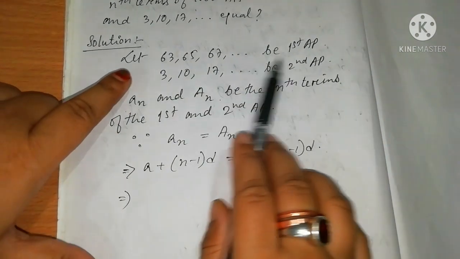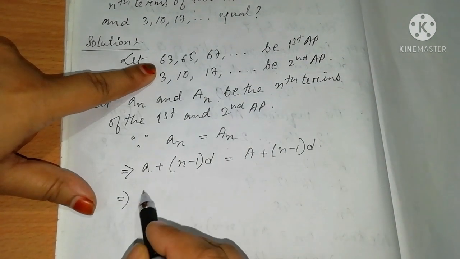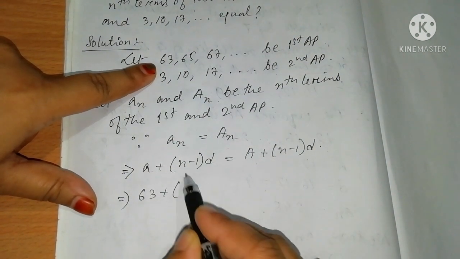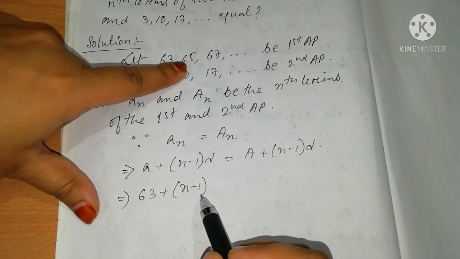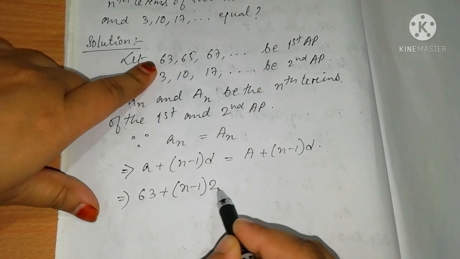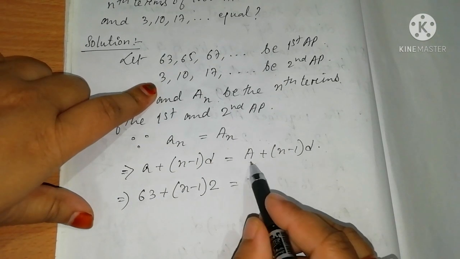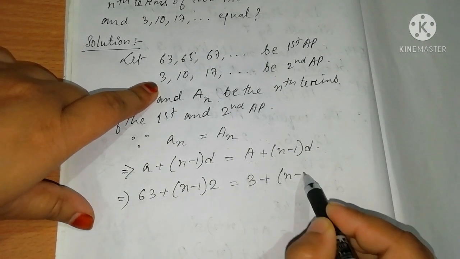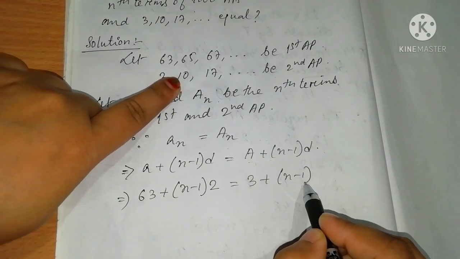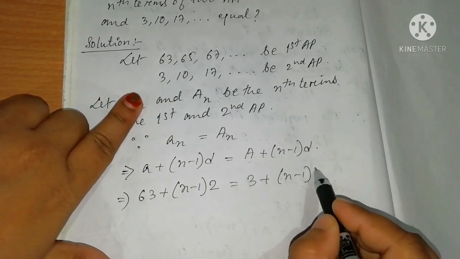For the first AP, A is 63 and D is 65 minus 63, which is 2. For the second AP, A is 3, and D, 10 minus 3, will give you 7.